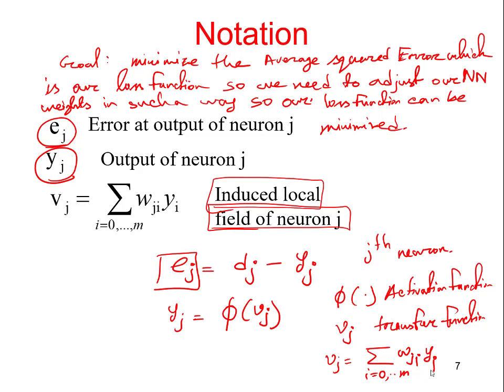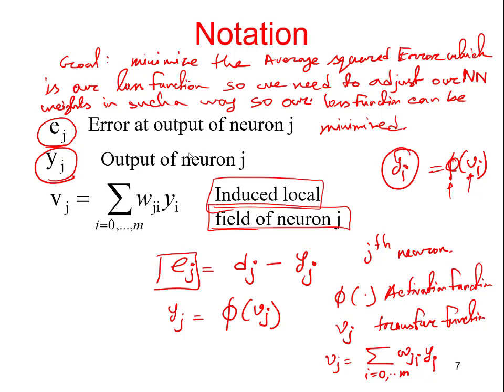Because the output layer is connected with the previous hidden layers, they are also neurons, and they will generate y_i's. That means they are generating phi of v_i. What is v_i? It is those neurons' incoming transfer function, and phi is the activation function of the ith layer.